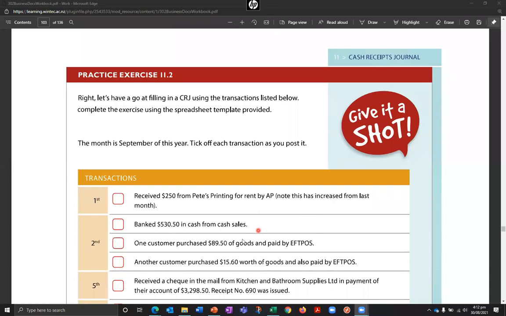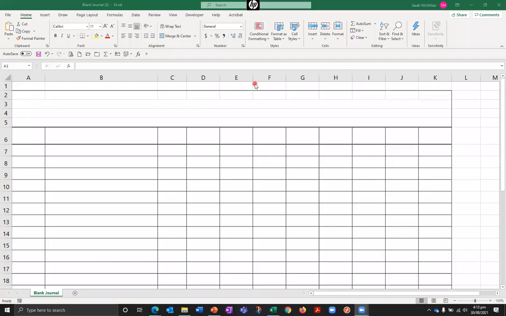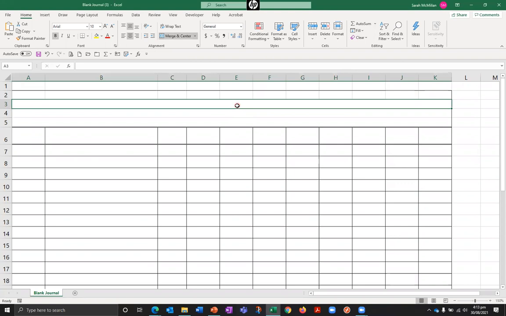So we have our list of transactions and we have our blank journal page. One of the very first things that we do is we title our cash receipts journal, quite similar to what we did with our petty cash books. We start off with the name of the company.